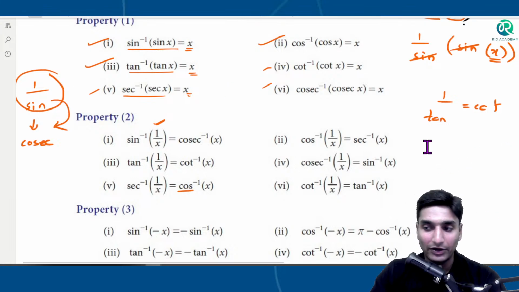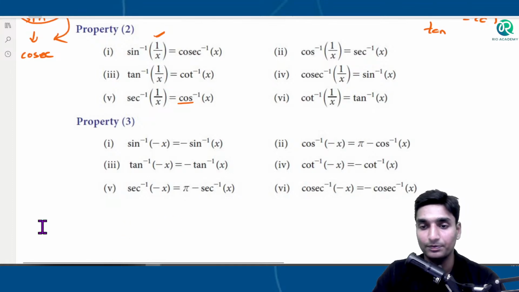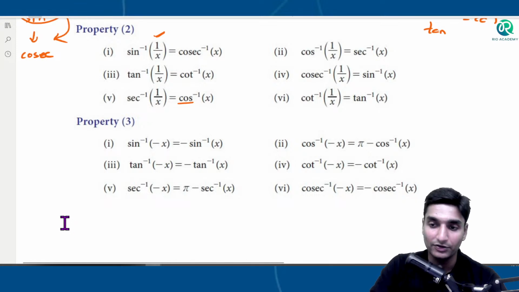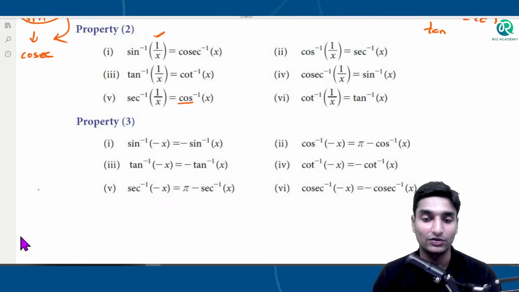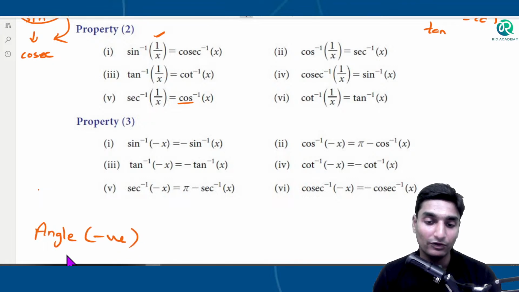Now coming back to the third property. See here, guys, the third property is the sign convention. Whenever an angle is given to us in a negative format, negative in the sense of direction again, then how the inverse trigonometric functions will behave is the condition here.